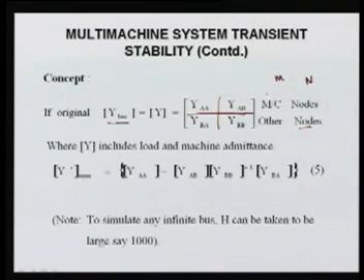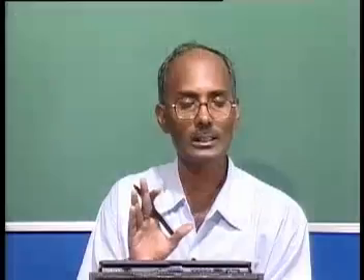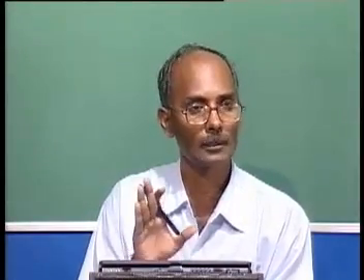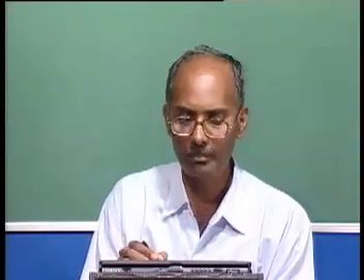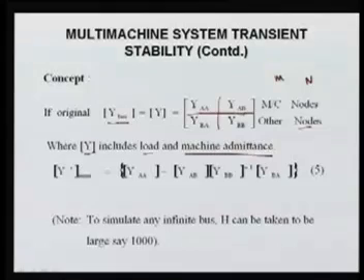The only difference between this Y bus and the normal load flow Y bus is that this Y bus includes the load and the machine admittance as well. In load flow, we only take the admittances of the transmission lines, transformers and shunts. We never take the machine admittance or the load admittance.